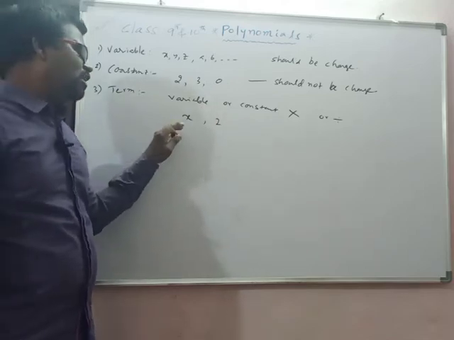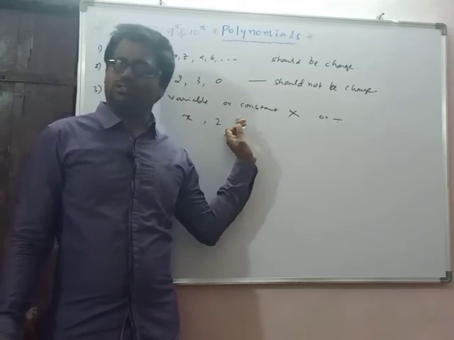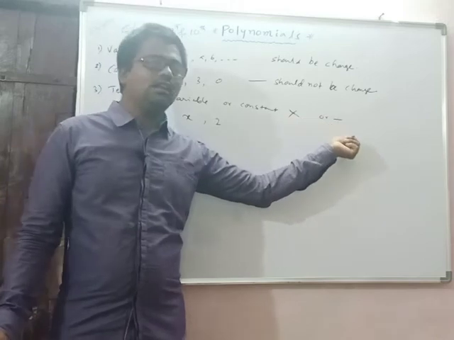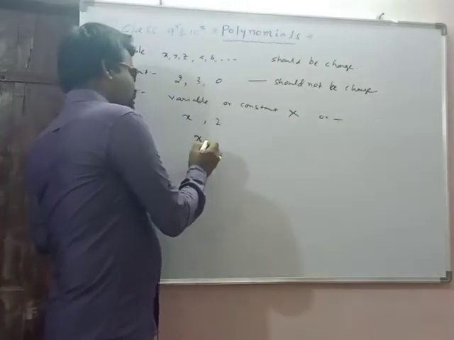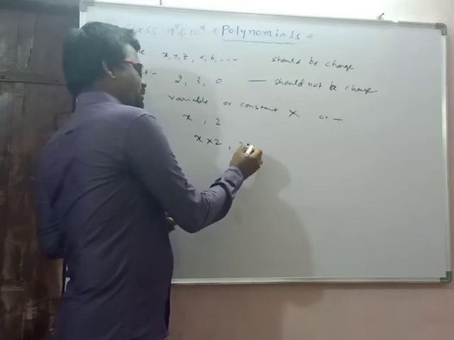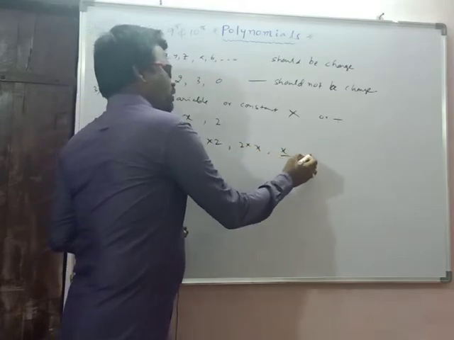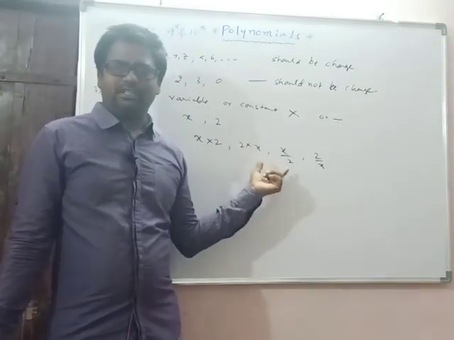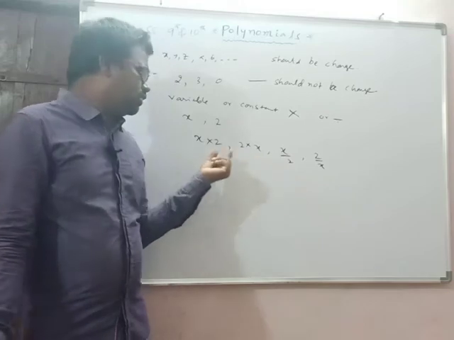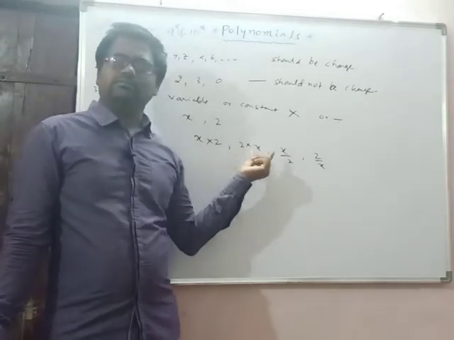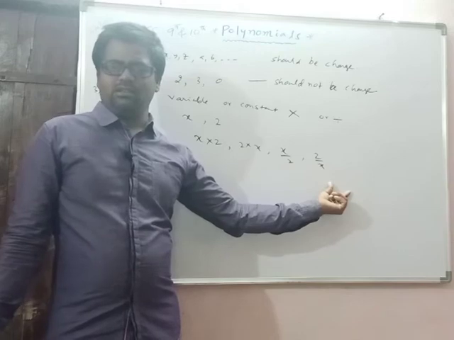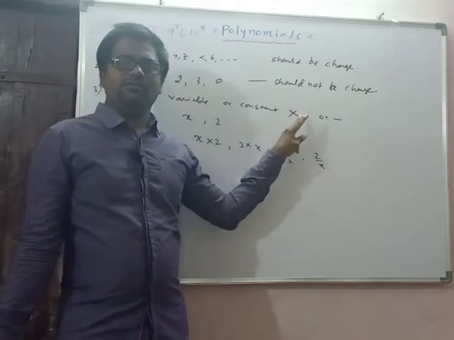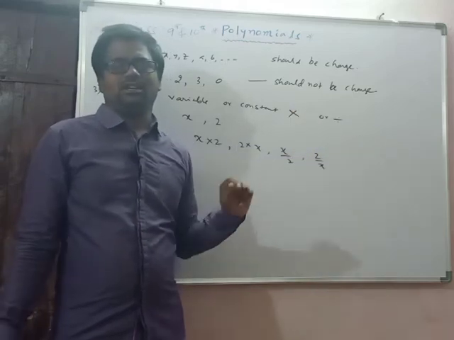The only variable is also a term, the only constant is also a term, and the combination is also a term when multiplication or division is applied. We can write x into 2, 2 into x, x by 2, 2 by x. So this is also a term, this is also a term. A term is a variable or constant, or both, related by multiplication or division.